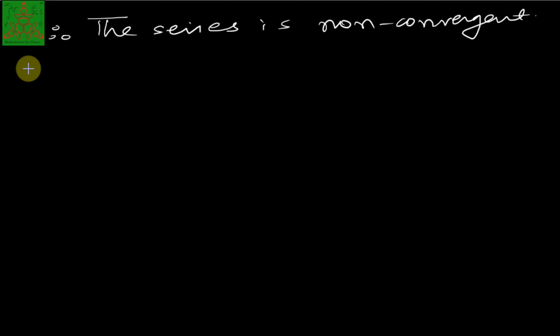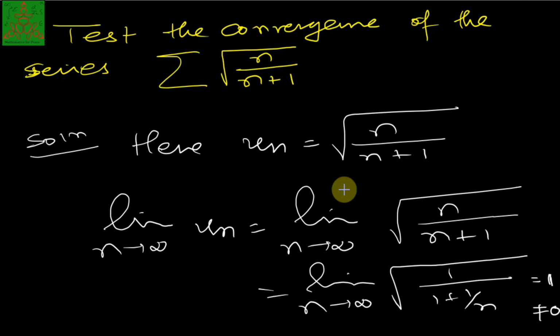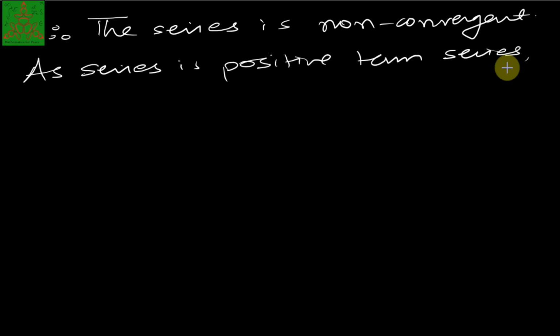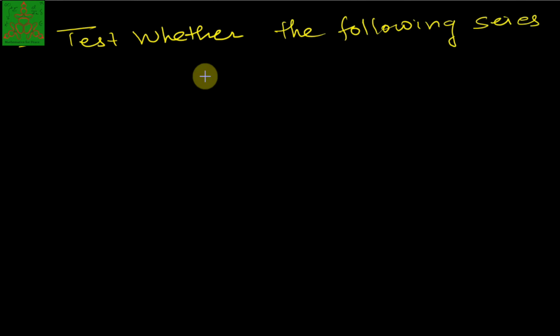As the series is a positive term series, each and every term of it is positive, so we can say that the series is divergent, because there is no chance of oscillating. Let us have some other examples. Test whether the following series are convergent or non-convergent.